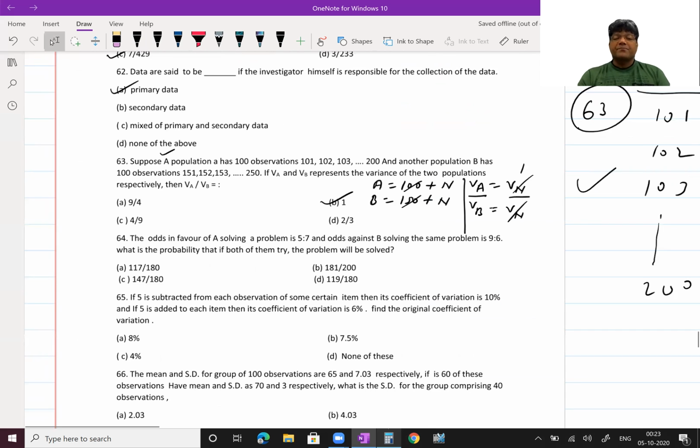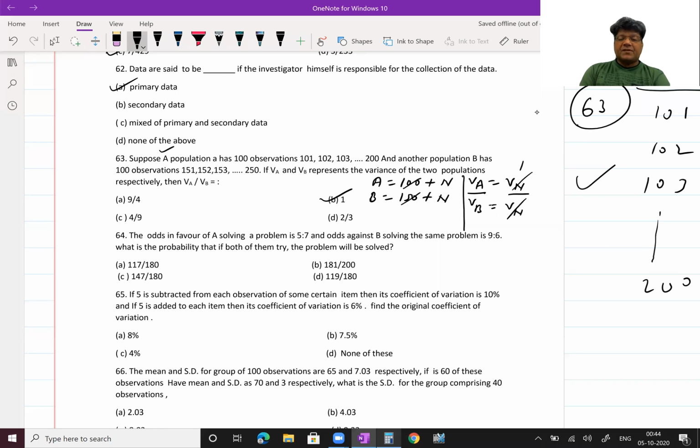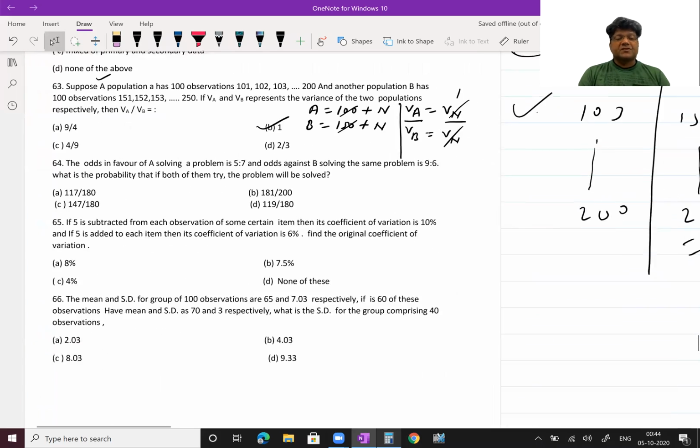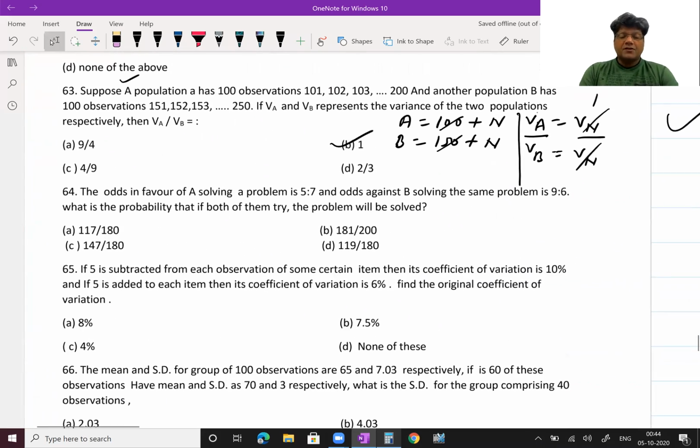Now, question number 64. Guys, question number 64: the odds in favor of A solving a problem are 5:7.